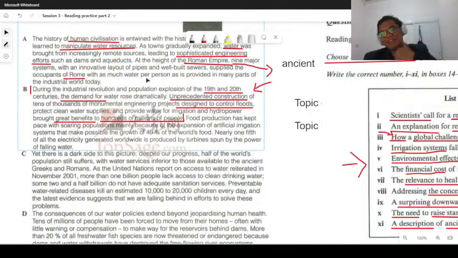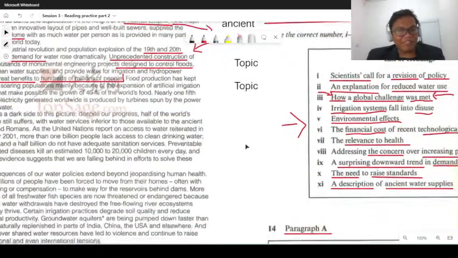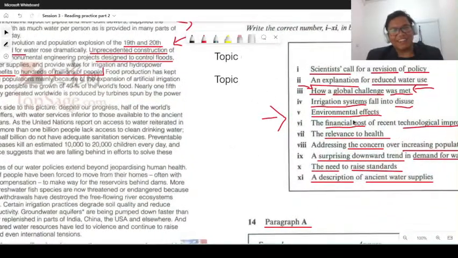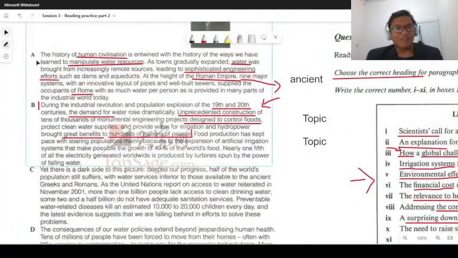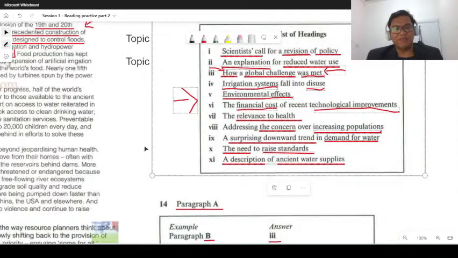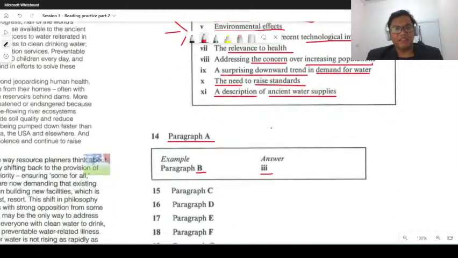Even if you try to eyeball it, it's pretty clear that financial cost is nowhere to be found in that first paragraph, right? But if you take a look at the first two sentences again, it is fully a description. So in that regard, the answer to paragraph A is XI, or the 11th heading, right? That's how you try and do this.